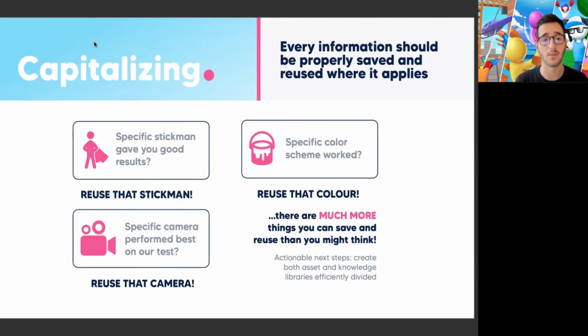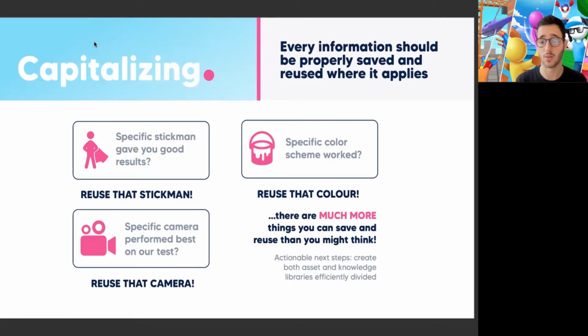So yeah, this is essential. Many of you already use templates, for example, for runners and other types of games, and this is exactly what you should be doing for every type of information. So not only mechanics and assets, but also pure information, level length, rhythm, and all that kind of stuff.